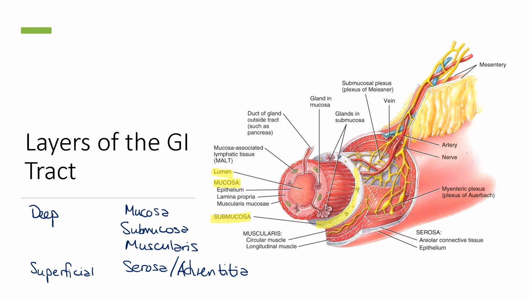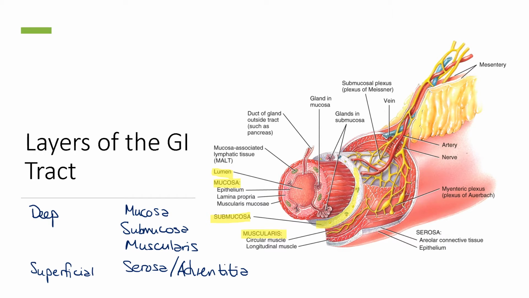Now, next is the muscularis layer. So the muscularis at the beginning of the gastrointestinal tract, the mouth, the pharynx, and then the superior parts of the esophagus, is going to contain skeletal muscle that produces voluntary swallowing. So this is just going to be at the beginning of the GI tract. This is going to be skeletal muscle. So again, that's just going to be like the mouth, the pharynx, and then the superior part of the esophagus.